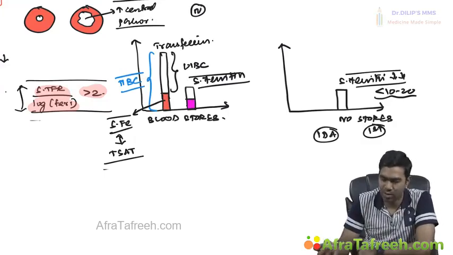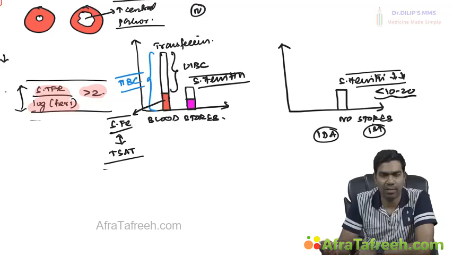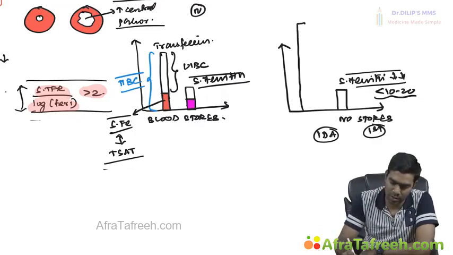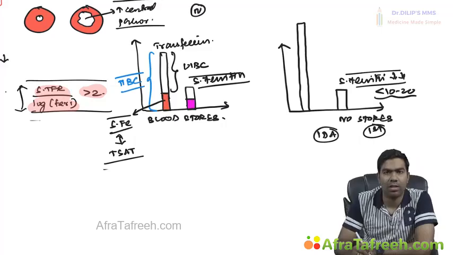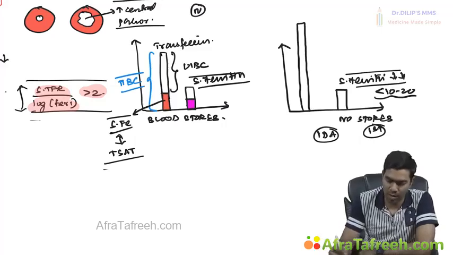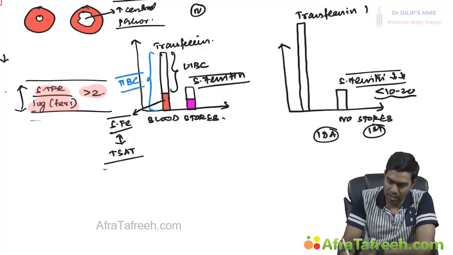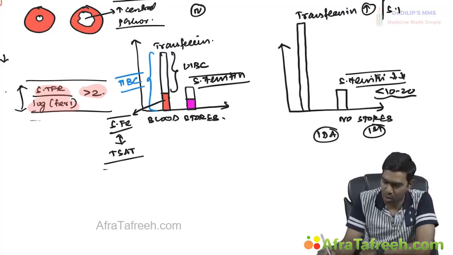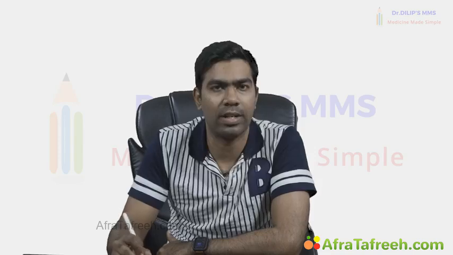Since the stores are low, intracellular iron will be low and the cell will start synthesizing excessive transferrin receptor and transferrin. So your amount of transferrin is going to increase, and the moment your transferrin increases, your soluble transferrin receptor also will increase, because of the principle I told you earlier, the genetics and the iron regulated protein, the iron response element.